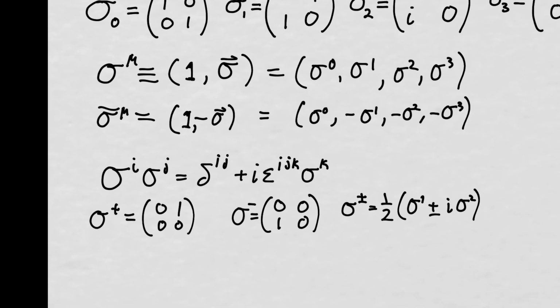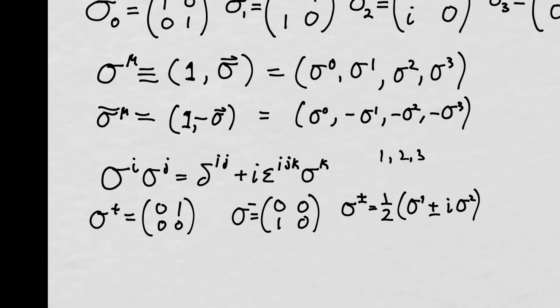Then I guess while I was at it, I am going to write this obvious, need-to-know expression: the product of any two Pauli matrices is given by this convention here, where i and j can only now run from 1, 2, and 3.